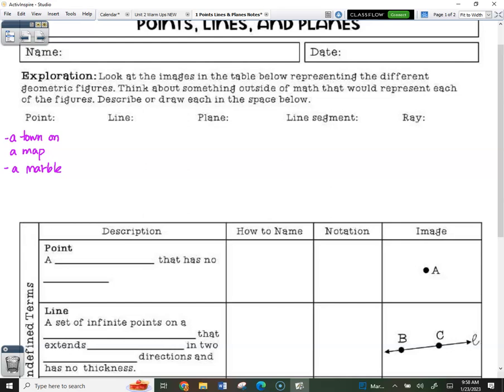What about a line? An example of a line, everyday life. So if you look at the example right here in the image column, a line continues on, right? So what can we think of?